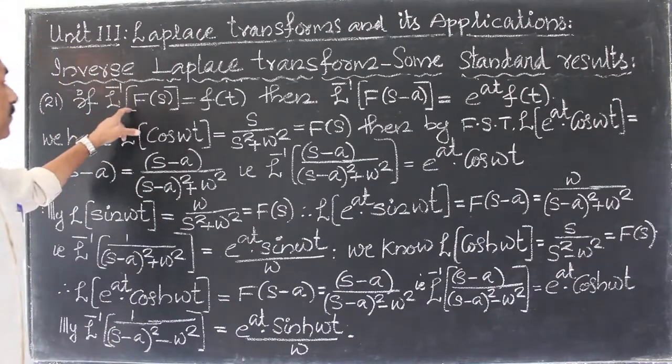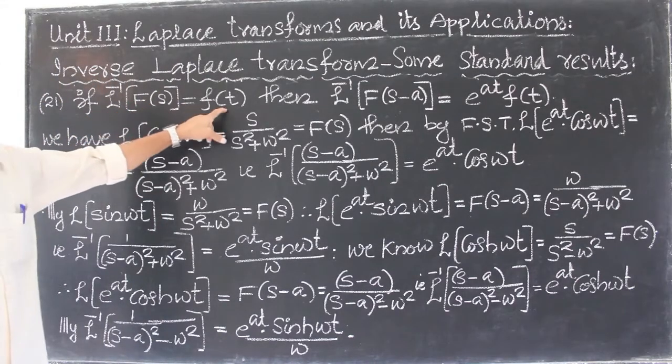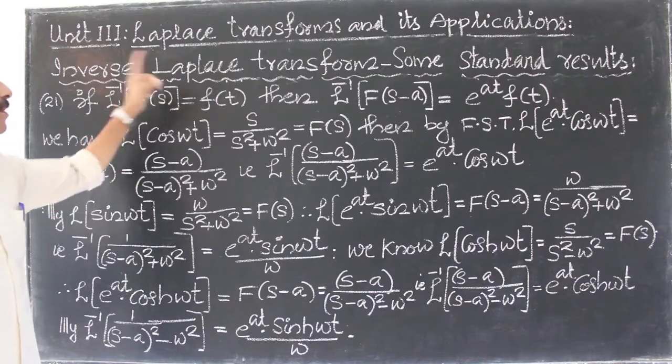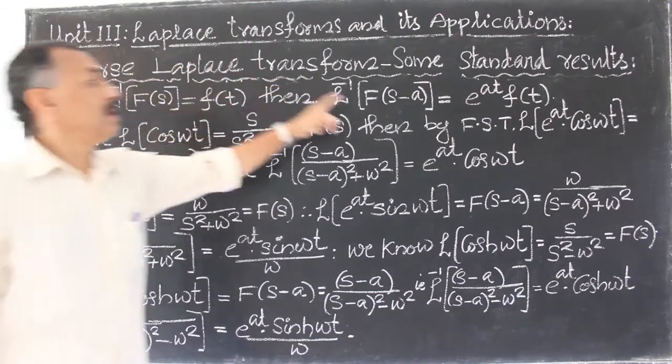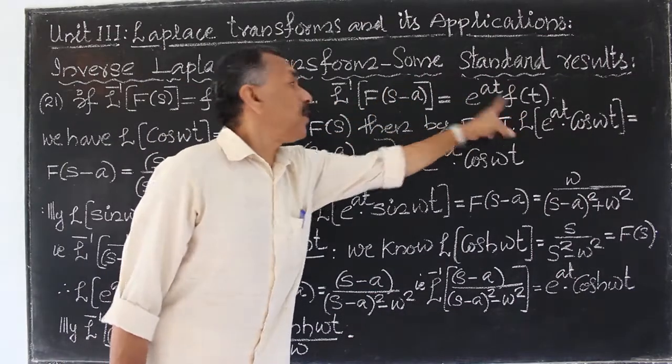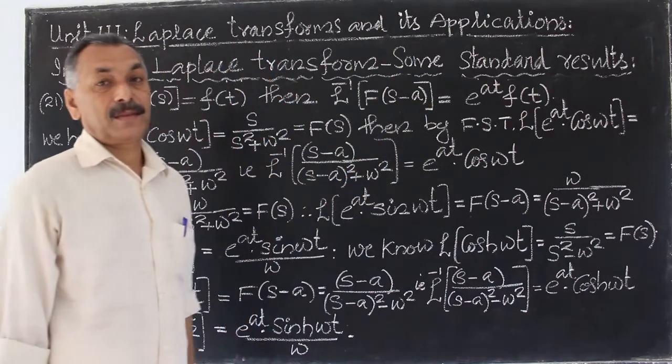If L inverse of a function F of s is equal to f of t, and if L of f of t is equal to F of s, then L of e raised to at into f of t is equal to F of s minus a.